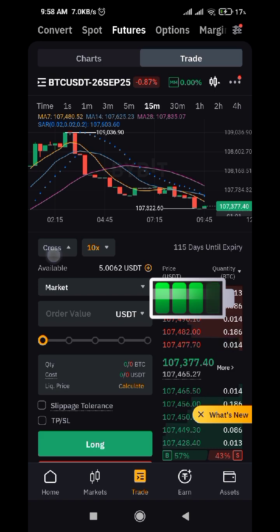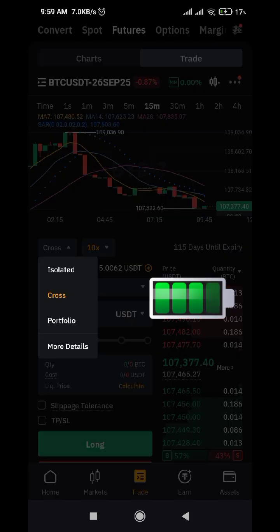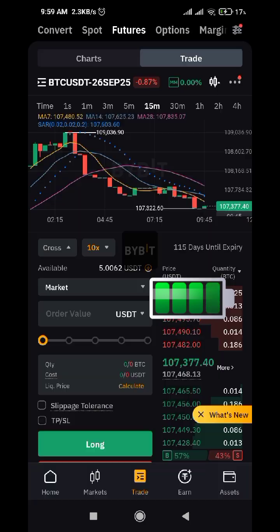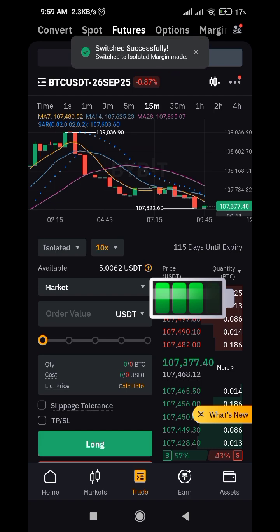So you have to understand that if you are not really good in trading, it's good for you to pick isolated, because cross can just get you out of the market and wipe away all your accounts. Isolated is the money you put into unified trading that is going to do. So let's use isolated for now.